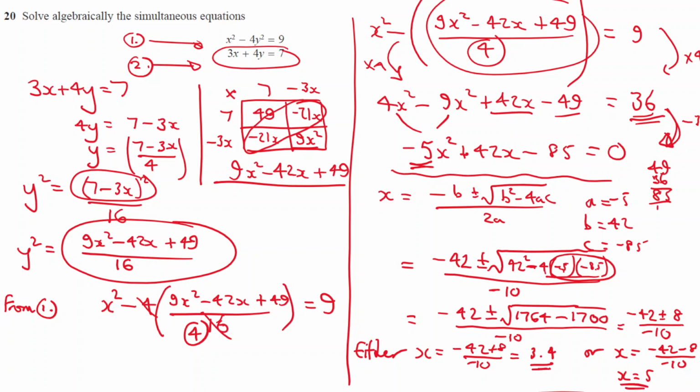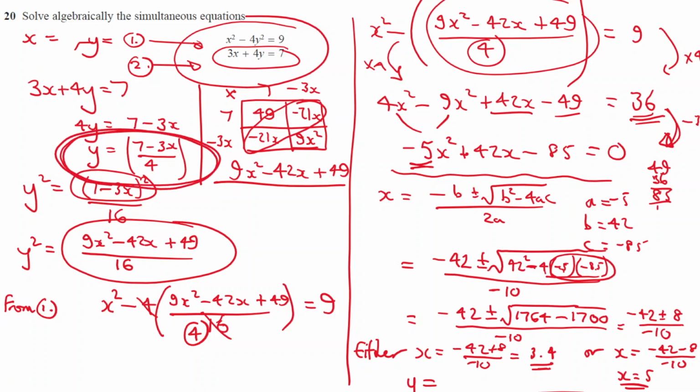So that's half your solutions, because remember we have an xy pair that we're seeking here. So we need a solution for x. For every value of x we have a solution for y. We have two x values, so therefore we need to line up two y values for them. So what I simply do here is substitute the x value into our rearranged formula for y, which is this one here.